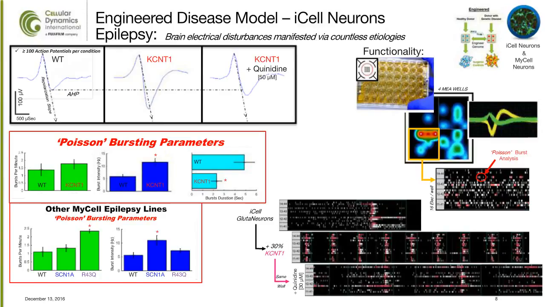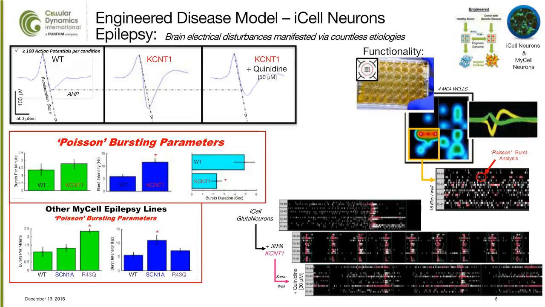The same can be said for the SCN1A neurons, which is also more of a gas-on form of neuronal manipulation for epilepsy, whereas the R43Q neuron, which is a mutation in the GABA-A receptor and more like taking the brakes off version of epilepsy, we don't see an increase in the intensity value of the bursts, but what we do see is twice as many excitatory bursts occurring.